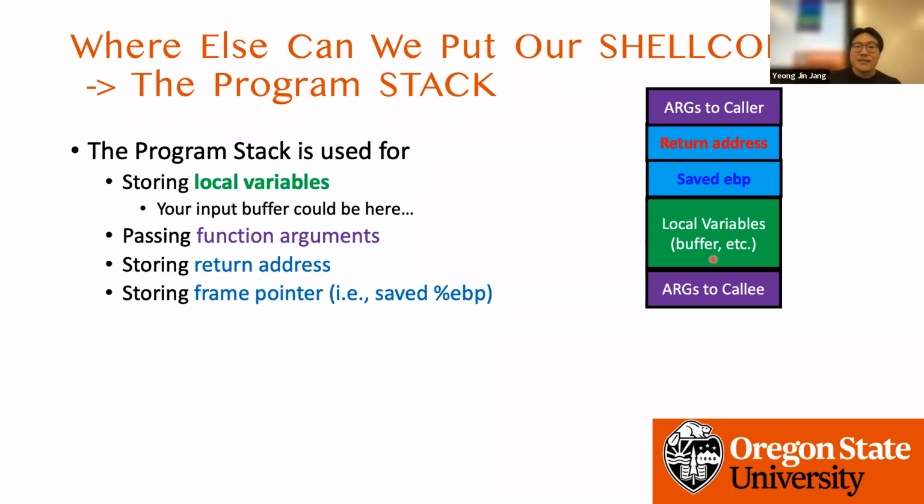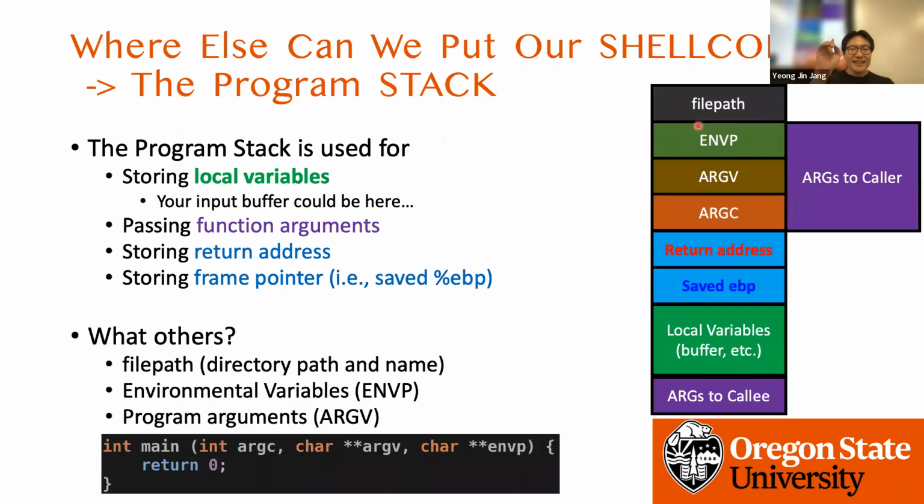The stack is used for local variables, storing control data, and passing arguments. There's an argument that you can pass to the main function. The definition of the main function actually takes the argument vector.